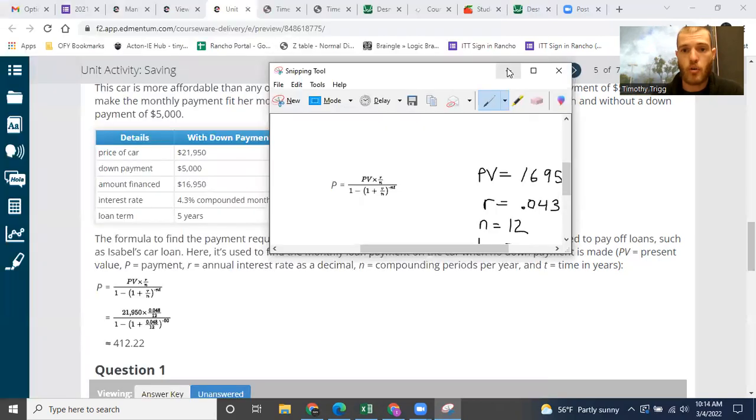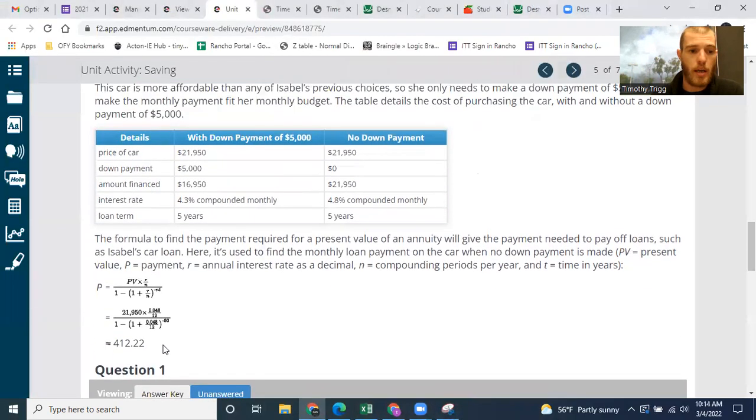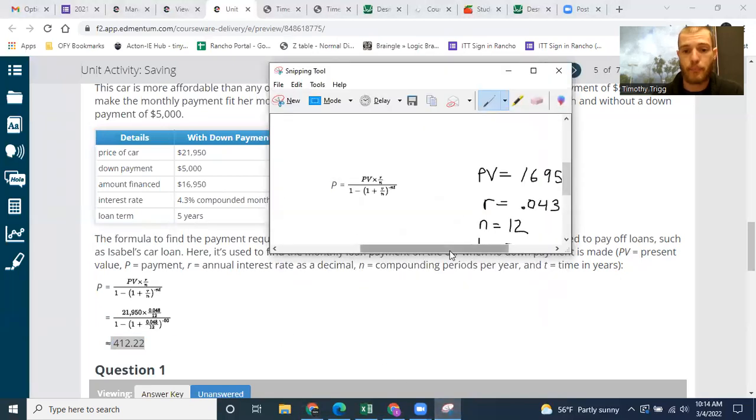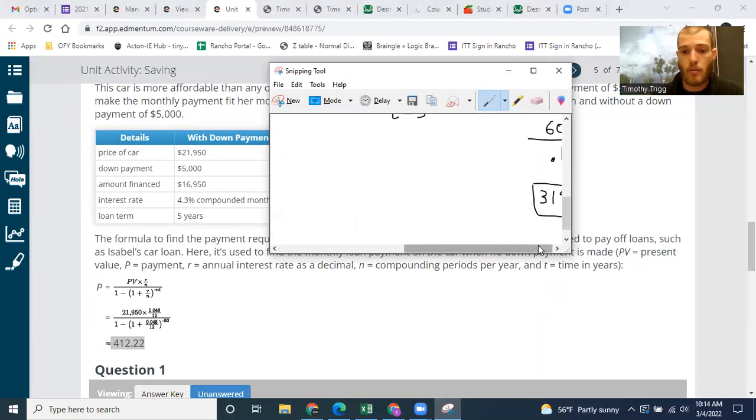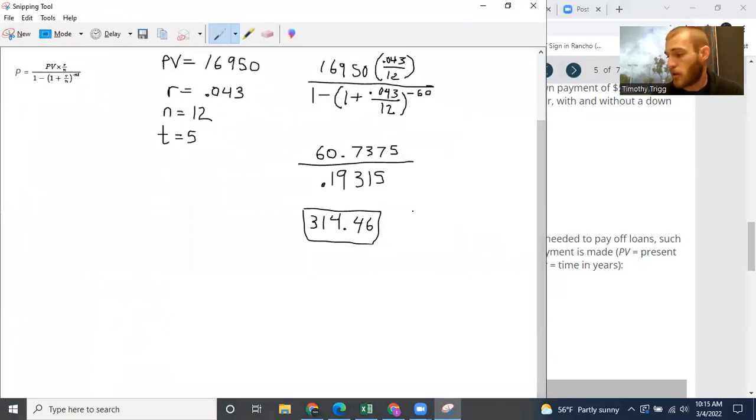The monthly payment without doing the down payment was $412.22. Might want to write that down. That number is going to come up later. So without the down payment, her monthly payment is $412.22. But with the down payment, her monthly payment is $314.46. Okay, hope that made sense.